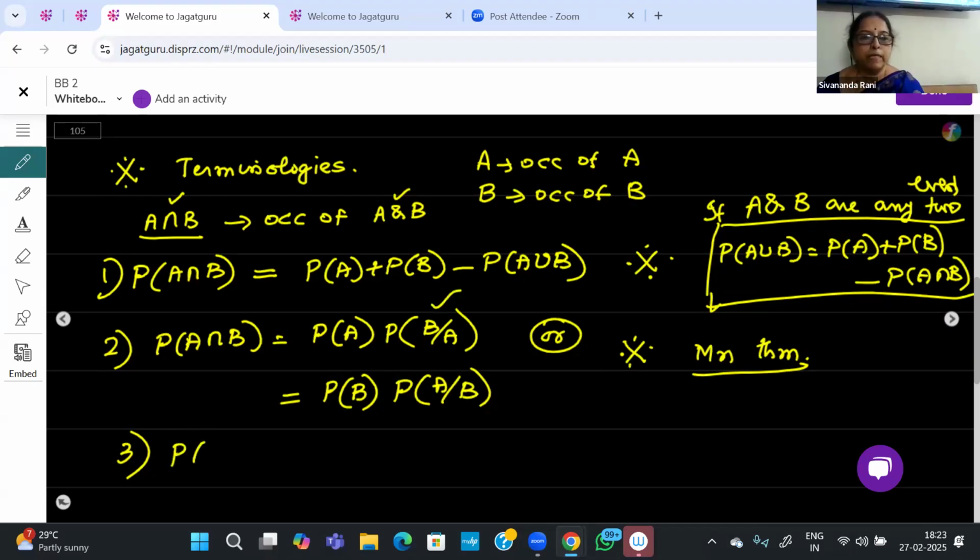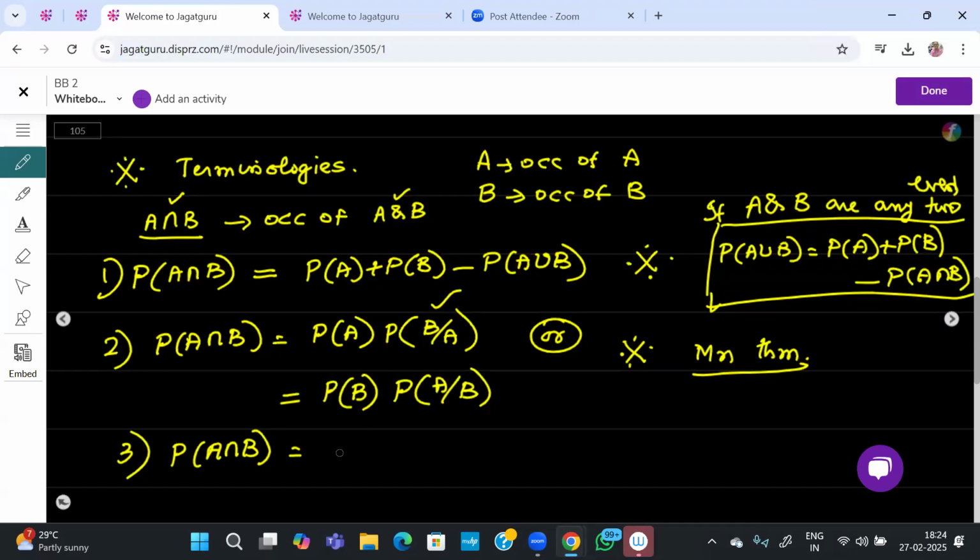Is there any other way of expressing P of A intersection B? What if they are mutually exclusive?